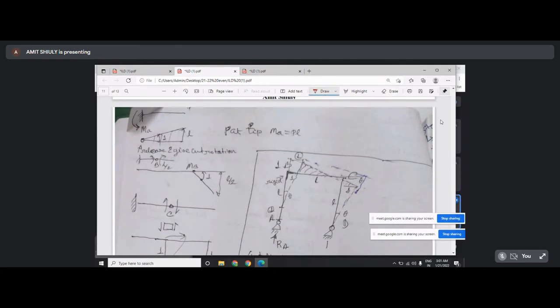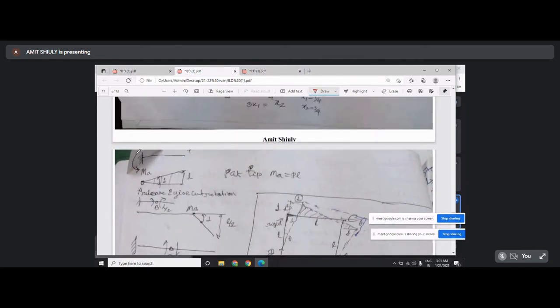Now suppose a fixed end cantilever beam, this is the fixed end and this is a cantilever beam. In order to determine the influence line diagram of moment at A, you have to release this moment.